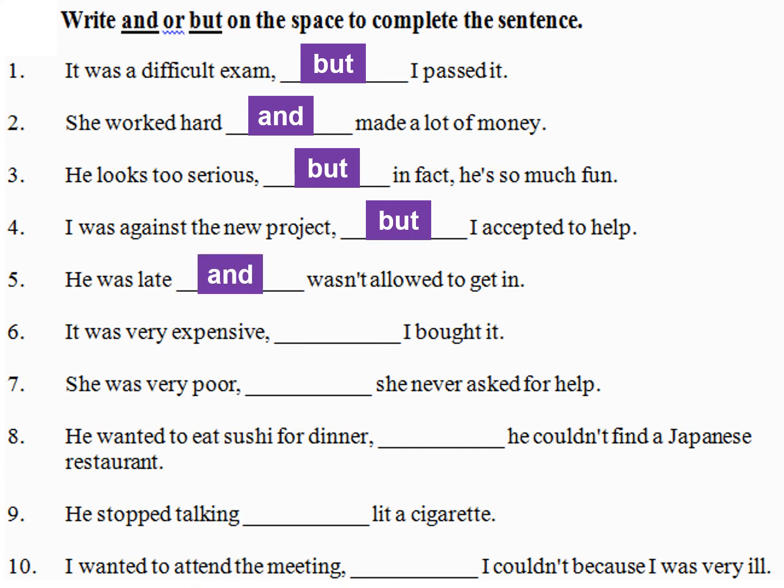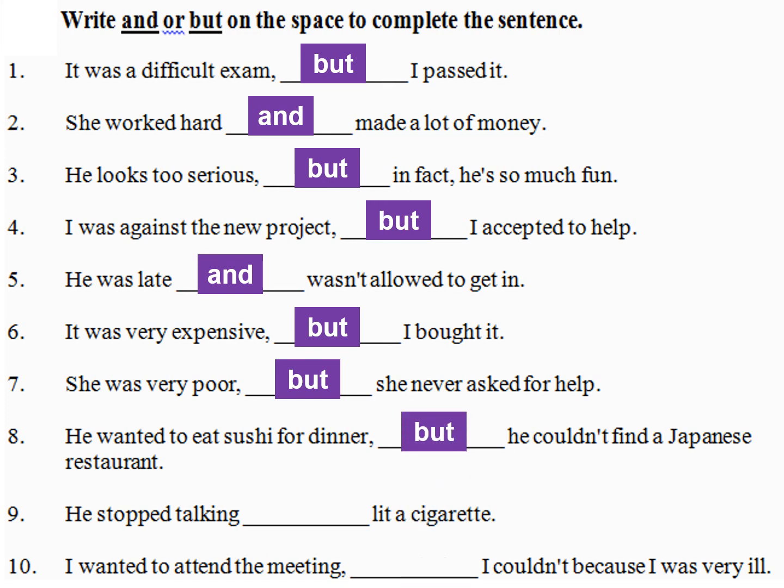Number 5. He was late and wasn't allowed to get in. Number 6. It was very expensive, but I bought it. Number 7. She was very poor, but she never asked for help. Number 8.